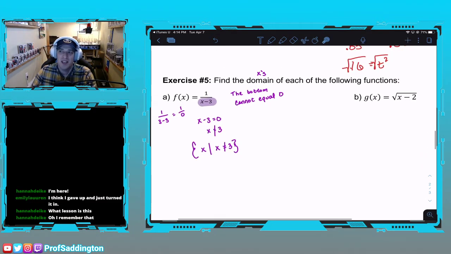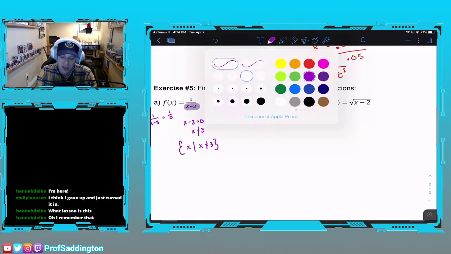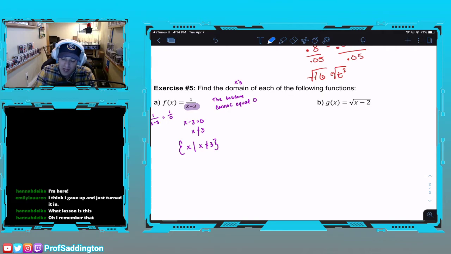As far as part B goes, it's going to be similar but different at the same time because now we're talking about square roots. And if you have square roots, 0 is okay in square roots because you can do the square root of 0. When you do square roots, you're not allowed to have negatives.